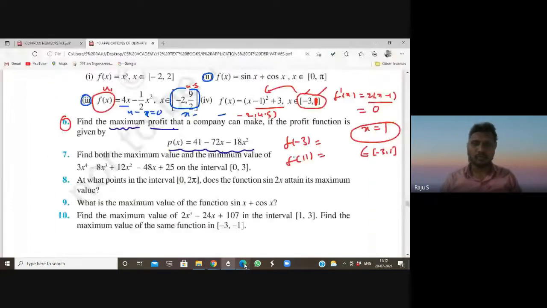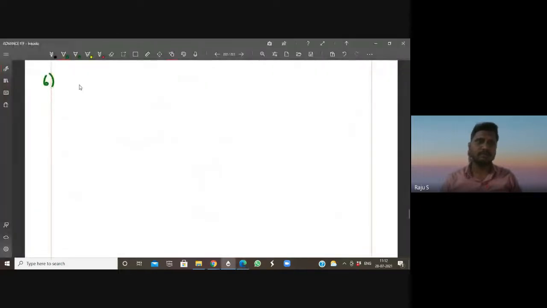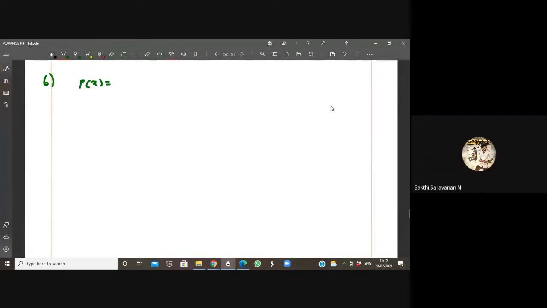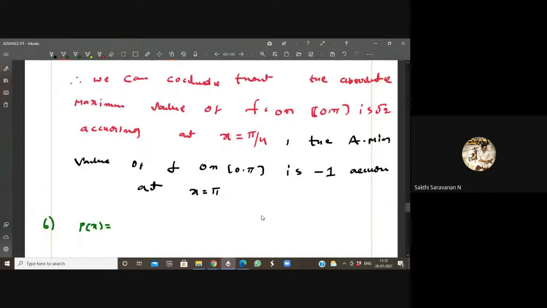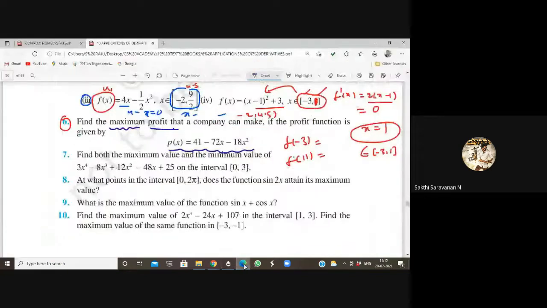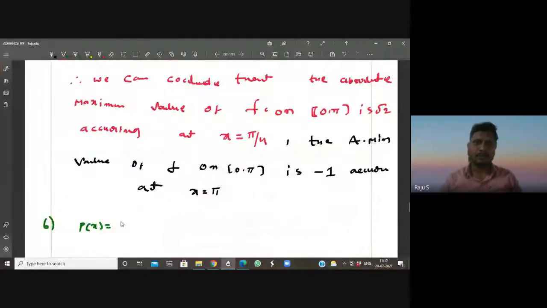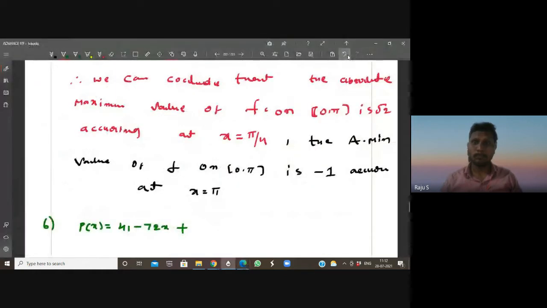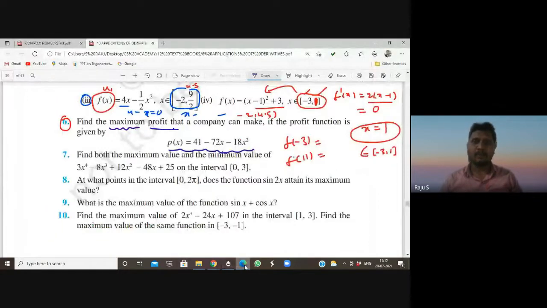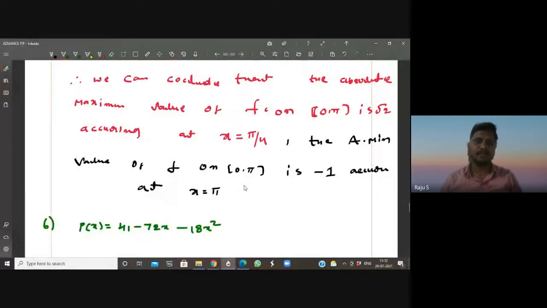So question number 6. P of x is equal to 41 minus 72x minus 18x square.